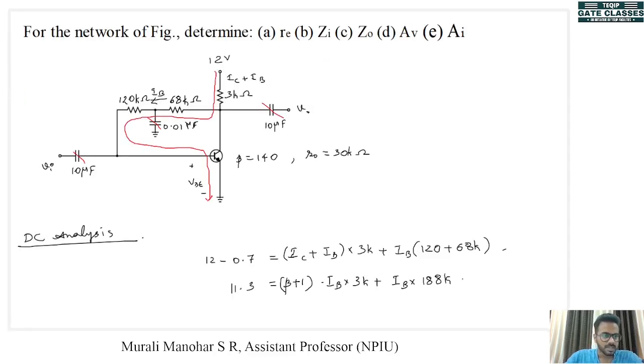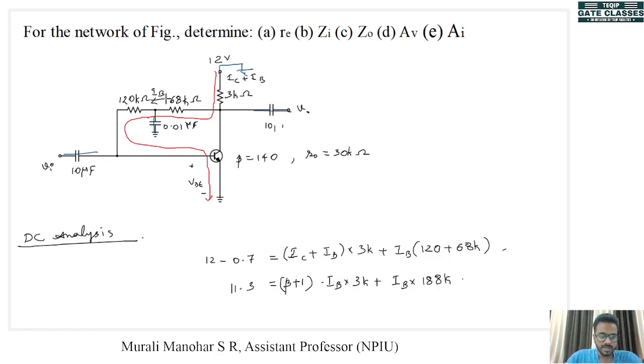Now if you look at the circuits, the capacitors are short circuits and DC supplies are grounded, right? So we can do the AC analysis. First we can draw the R pi model.